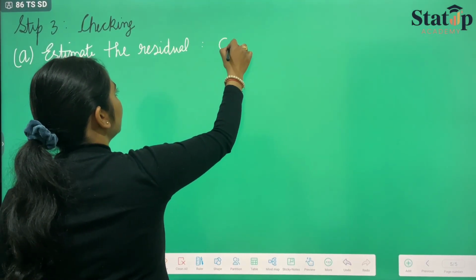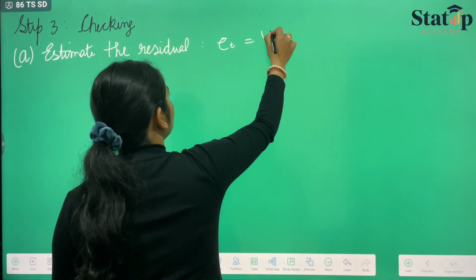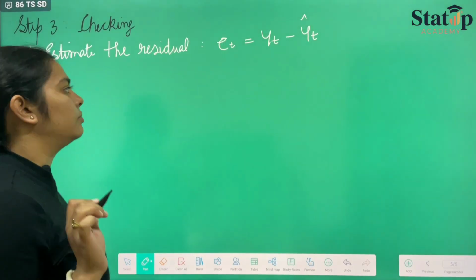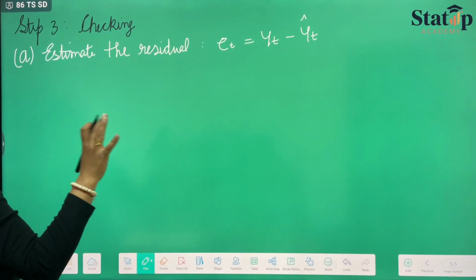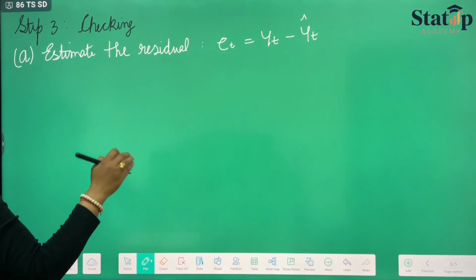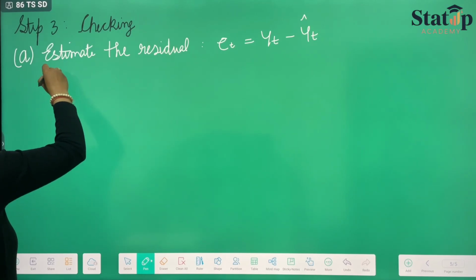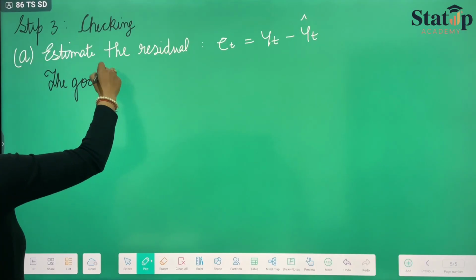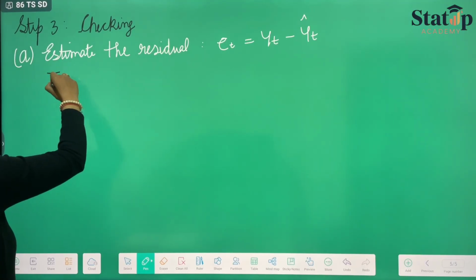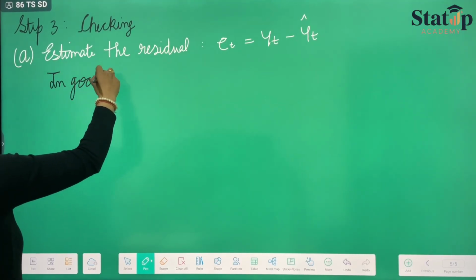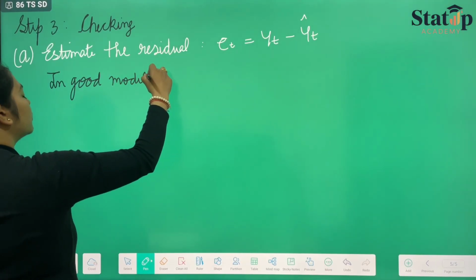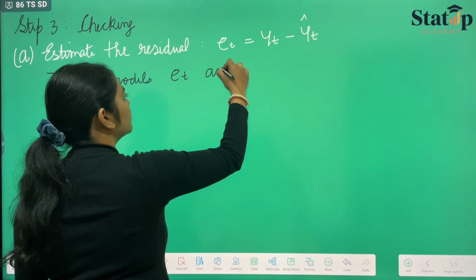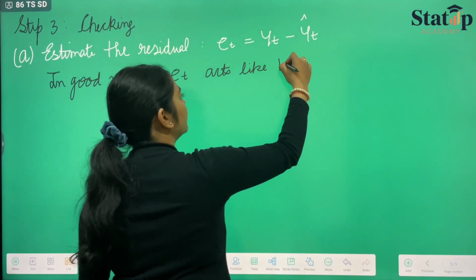Now the residual is ET, which is estimated as YT minus YT cap, where YT cap is the estimated parameter. Now we have estimated the residual, and we know that in good models this residual acts like white noise.